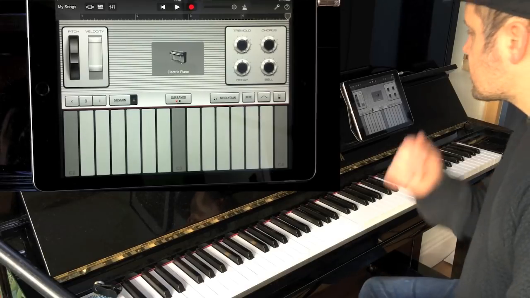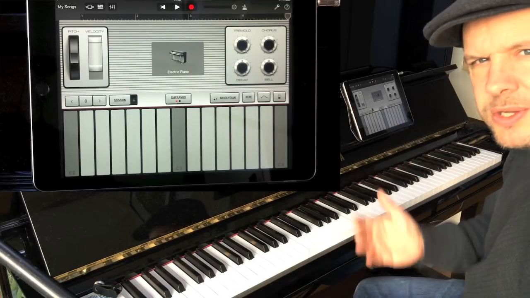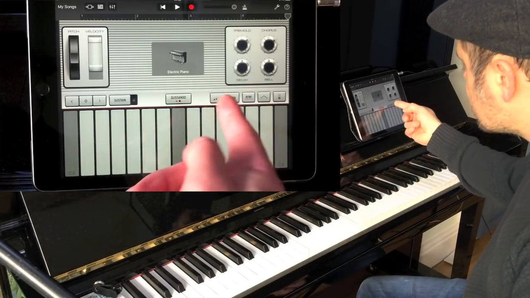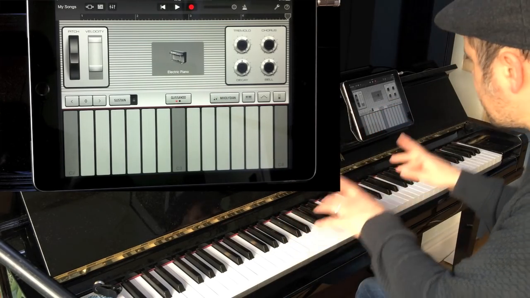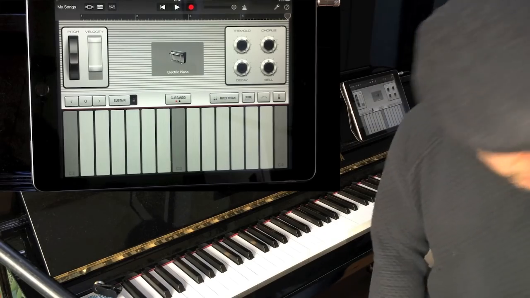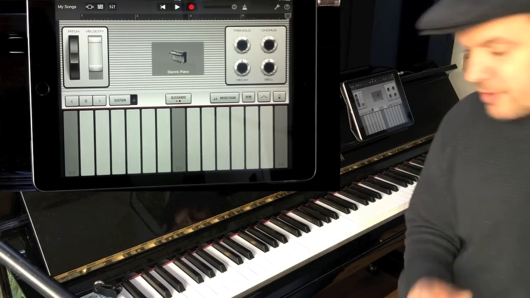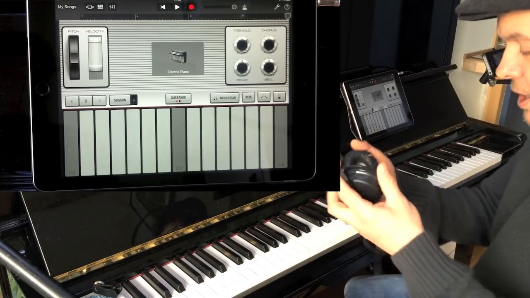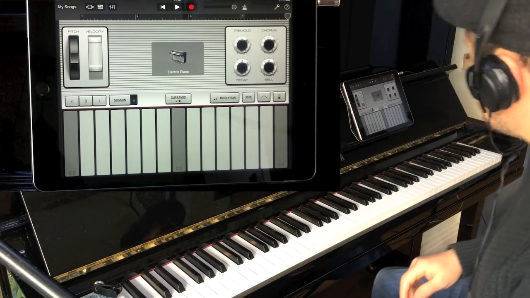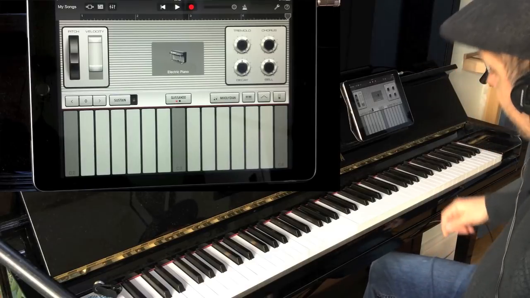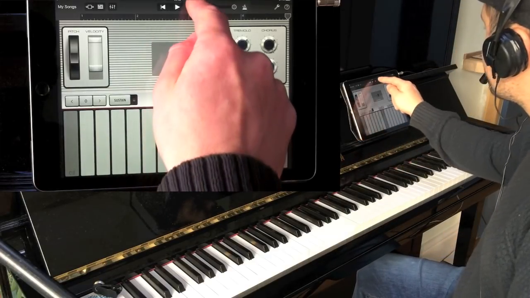What I'm going to do is I'm going to record something using this particular mode, just so you can see this in action, not just the piano, but on here as well. Now, I've got a pair of headphones here that I can just listen to the iPad on. For some reason, I decided not to wear them when I was tapping that, but actually, as I said, it's more fun that way. So, here we go.